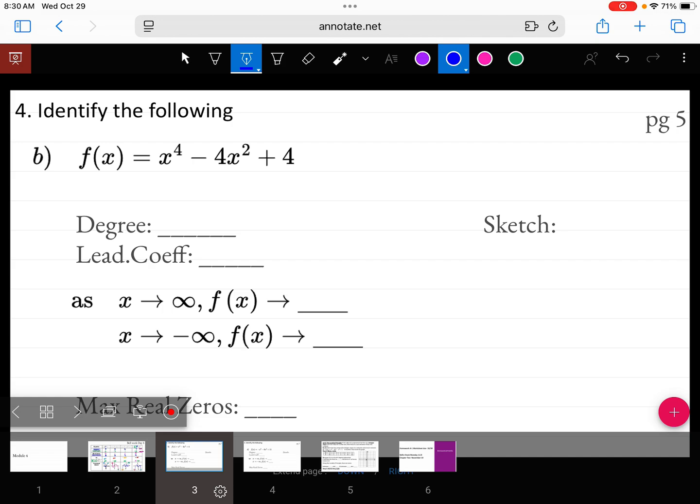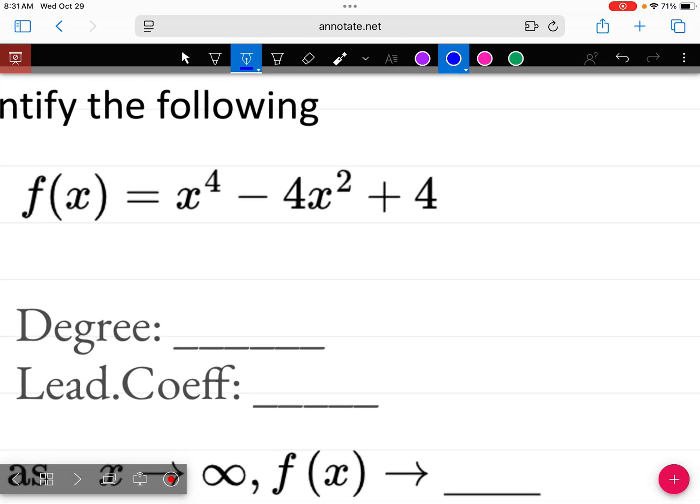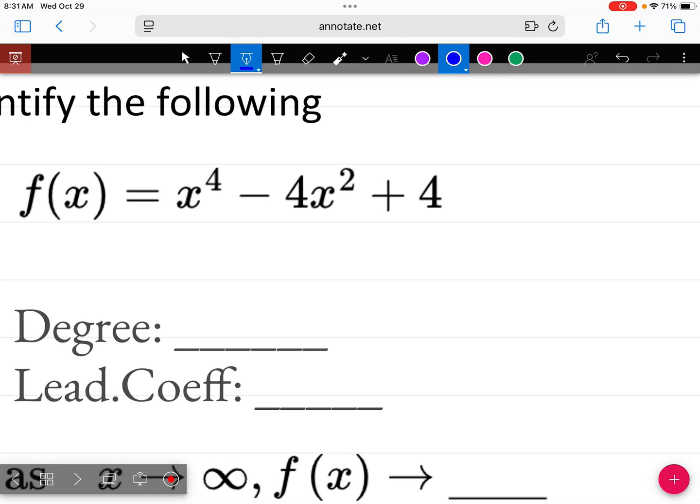So for this one here, we're going to do the same thing pretty much. What is our degree? Not going to be 6. I see why we think that, but we just want the biggest. 4. So it's just whatever one is the biggest.